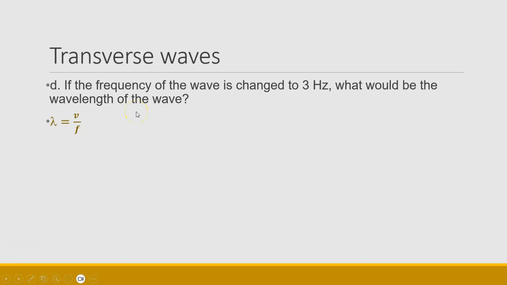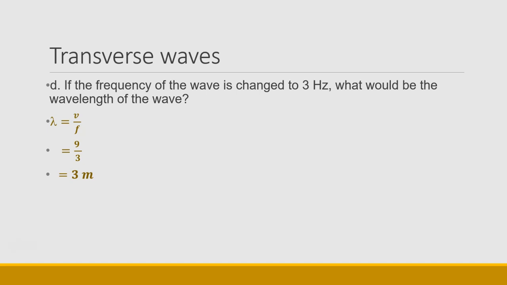So you can simply redo the calculation. We know that our wave speed is 9, that hasn't changed, but now our frequency has been halved to 3 hertz. So our wavelength, which was originally 1.5 meters, is now 3 meters.